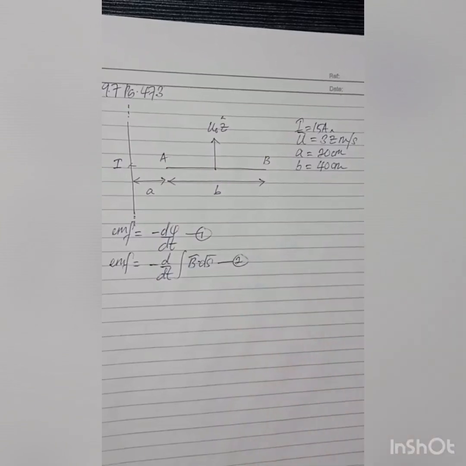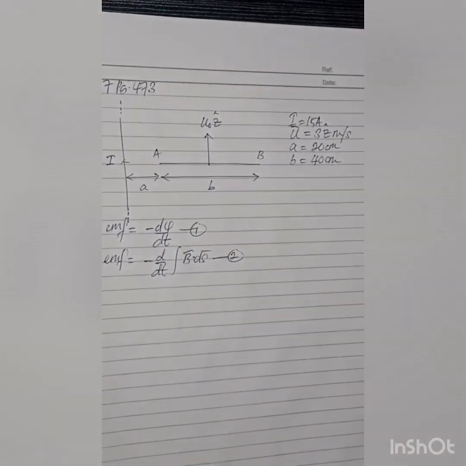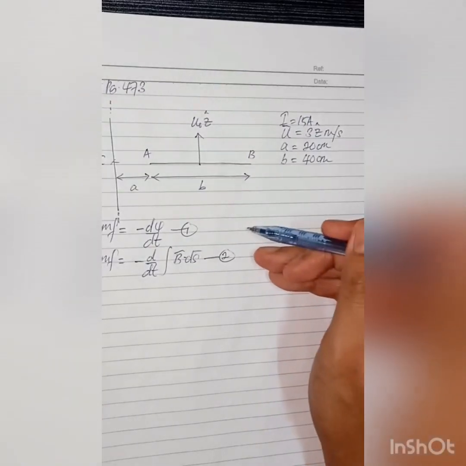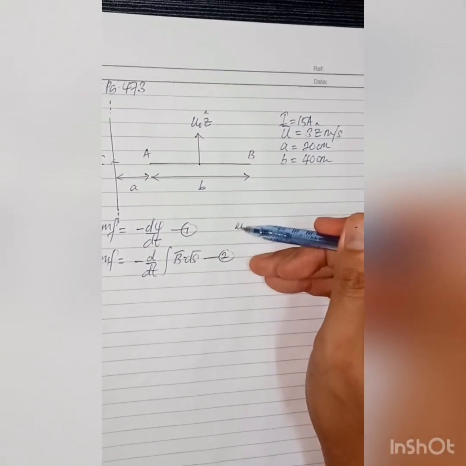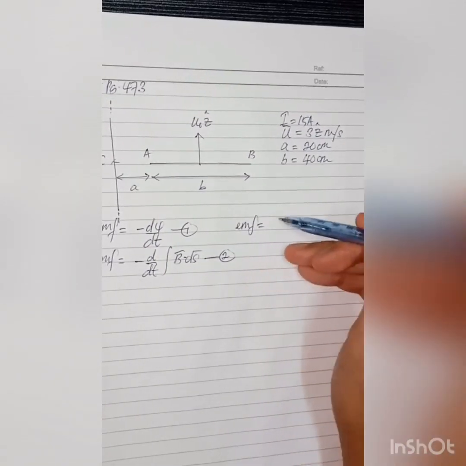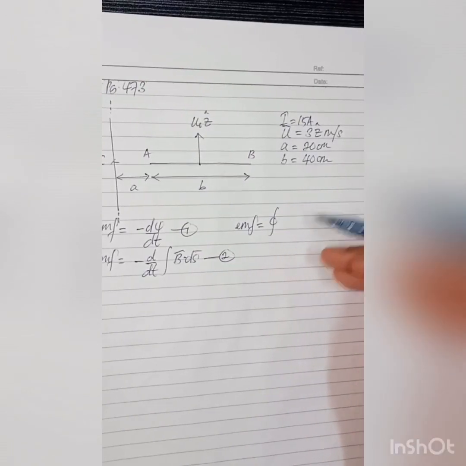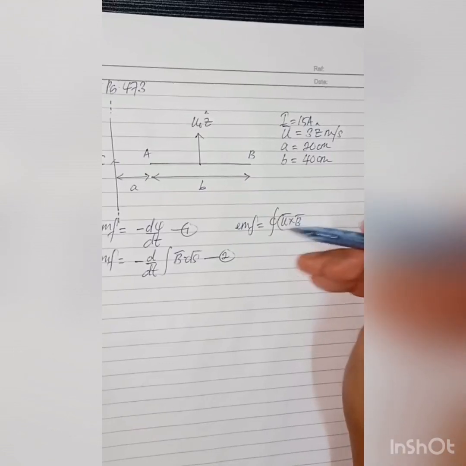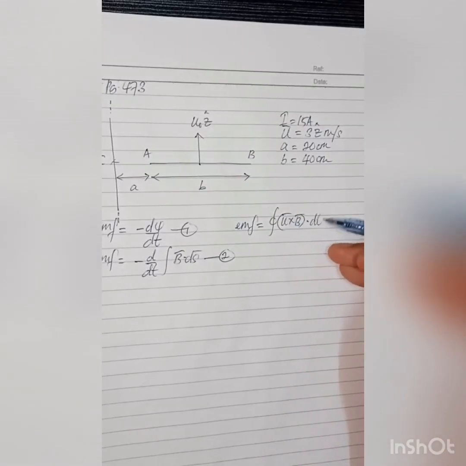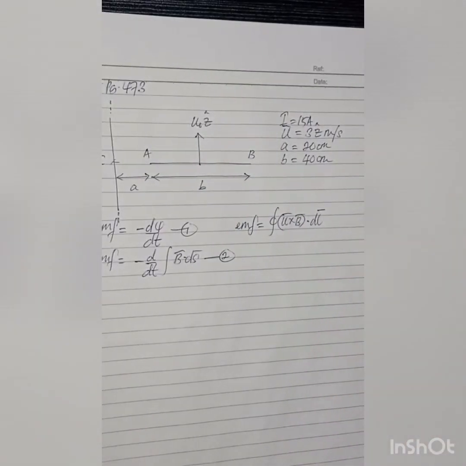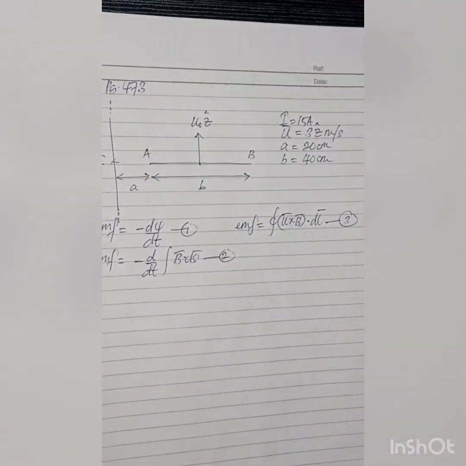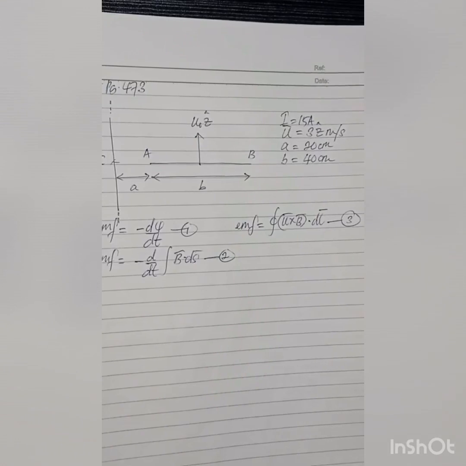And as we derived last time, the third equation of motional EMF is EMF equals the closed integral of (u cross B) dot dl. That's going to be our third equation of motional EMF.